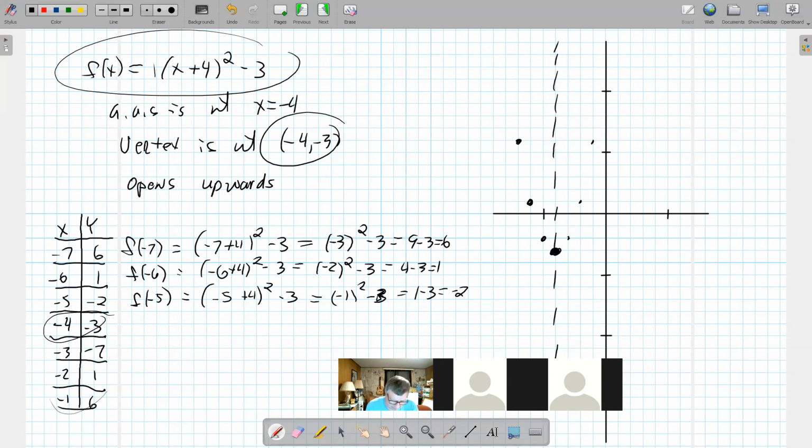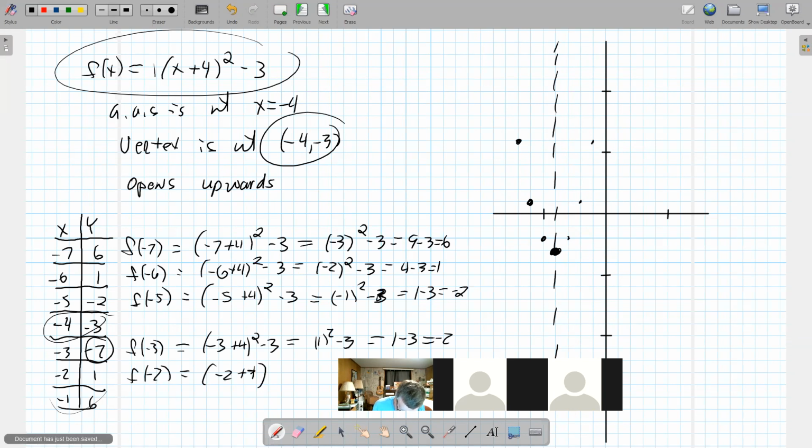But you don't have to take my word for it. Let's check it out. f of negative 3 is (negative 3 plus 4) squared minus 3, which is 1 squared minus 3, 1 minus 3, negative 2. Oh, there it is. f of negative 2 is (negative 2 plus 4) squared minus 3, which is 2 squared minus 3, which is 4 minus 3, which is 1.